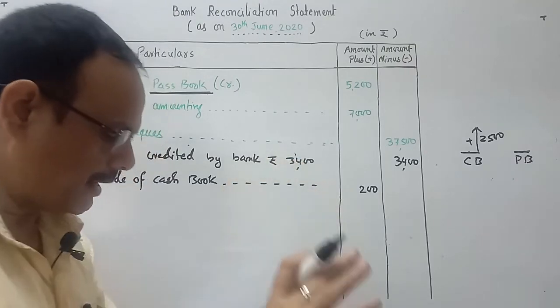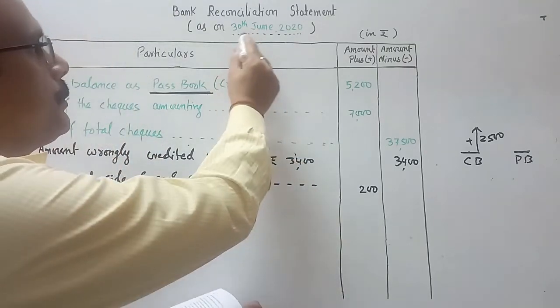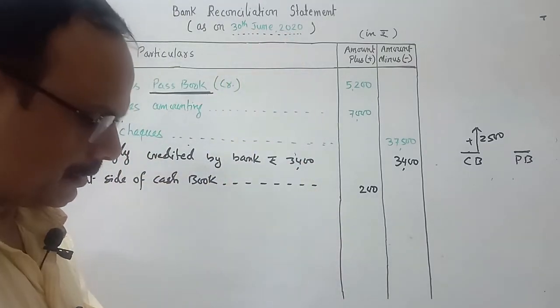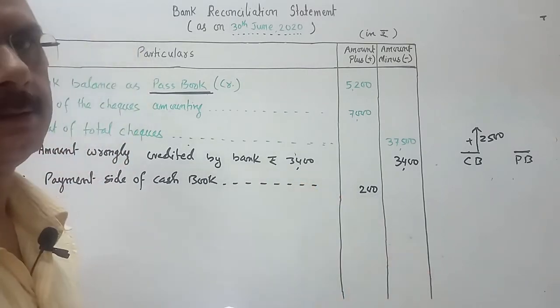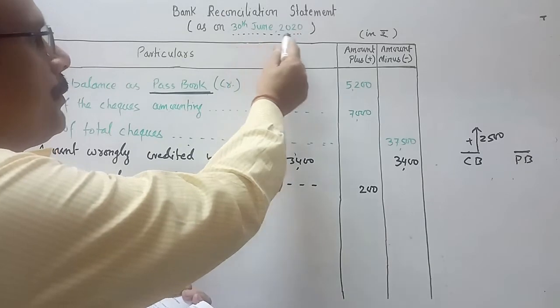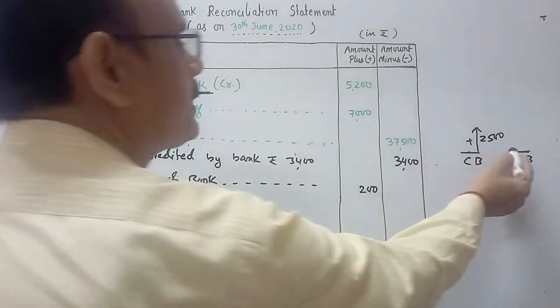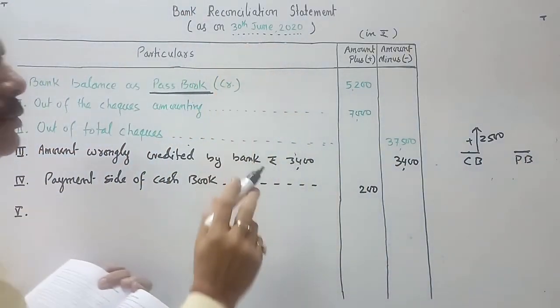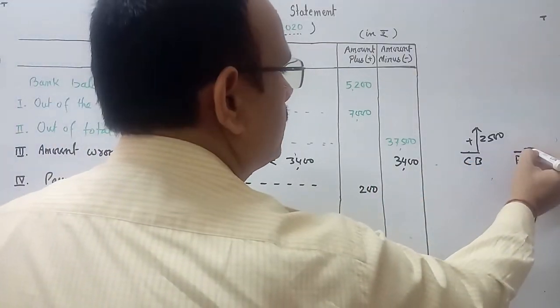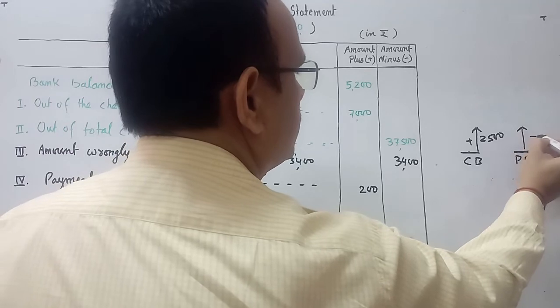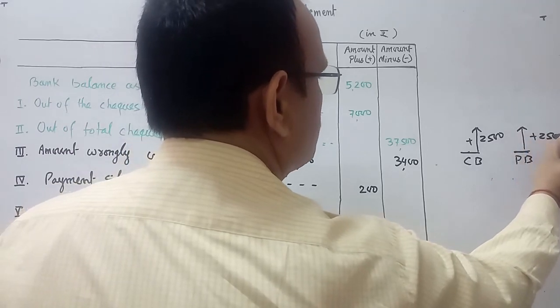It is recorded in the cash book up to this date, but it is sent to the bank in July, not before this date. So the passbook balance is not increased on 30th June 2020. So we will add it, then this will be equal to the cash book balance.